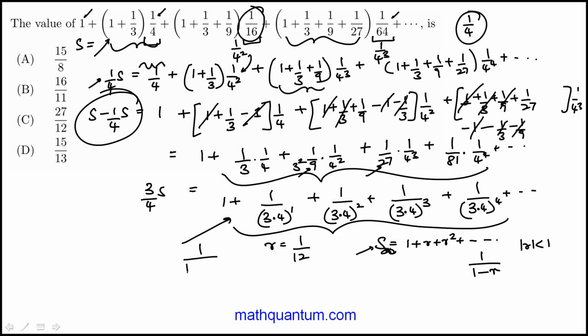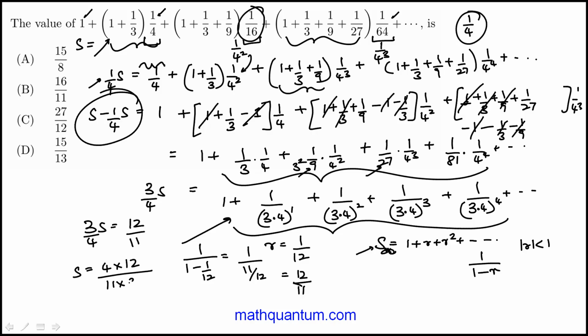So it would be 1 minus 1/12, which is 11 over 12, so 12 over 11. And now we can come up with an expression for s, which would be 4 times 12 over 11 times 3, and that becomes 16 over 11, which is answer choice B.